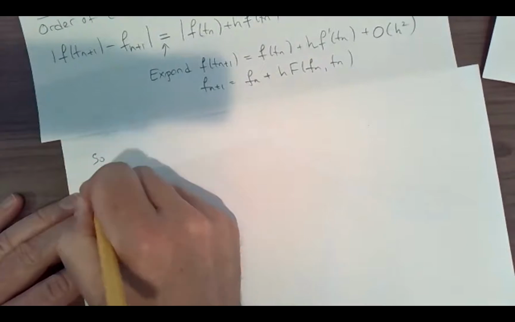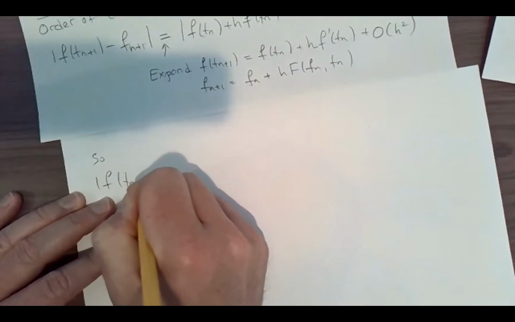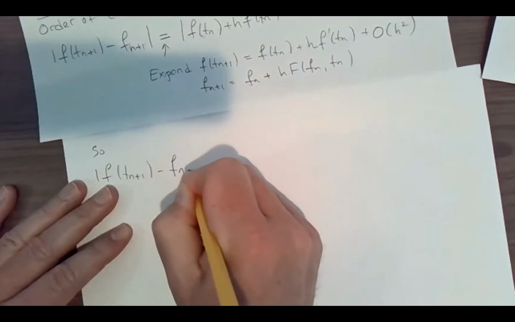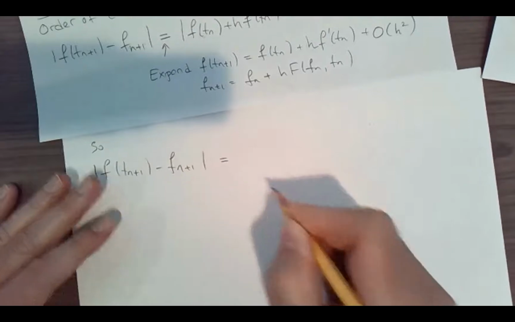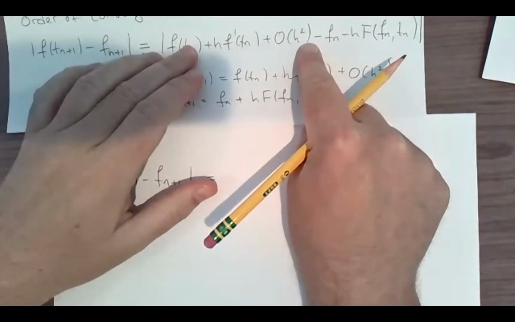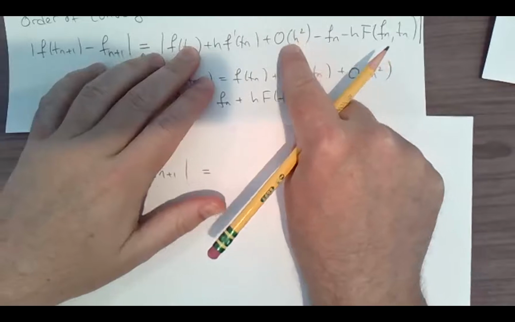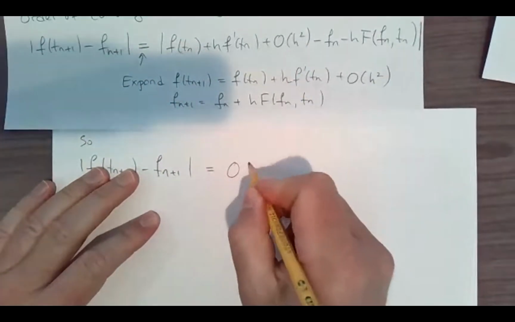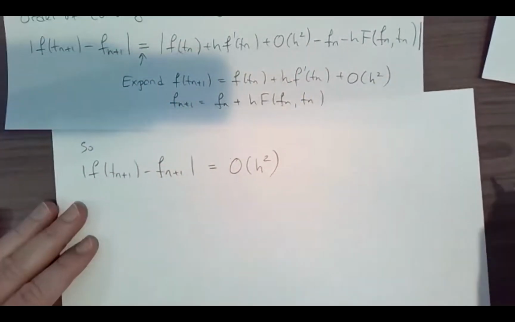This difference, how big an error are we making, most of the terms will cancel out. We'll be left with O of h squared.